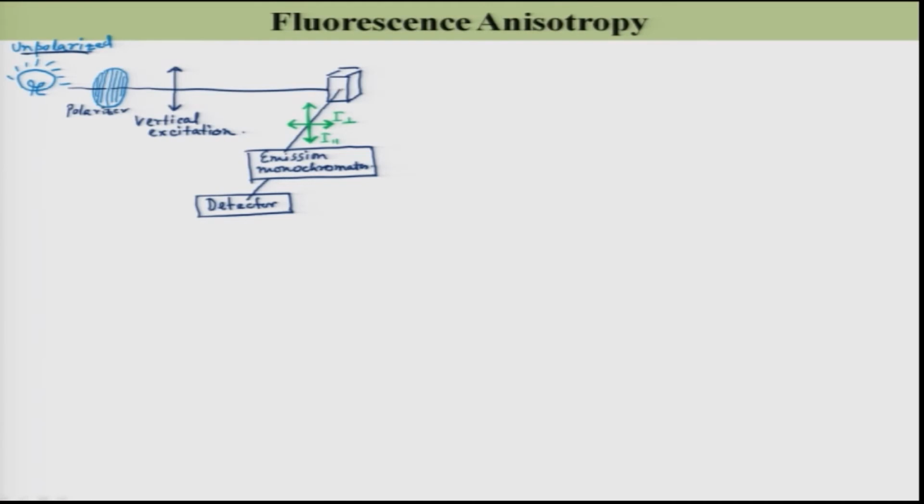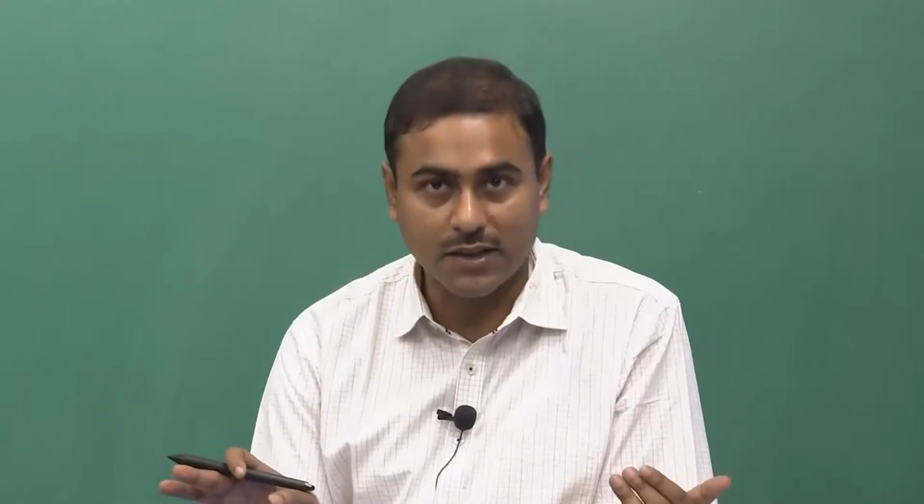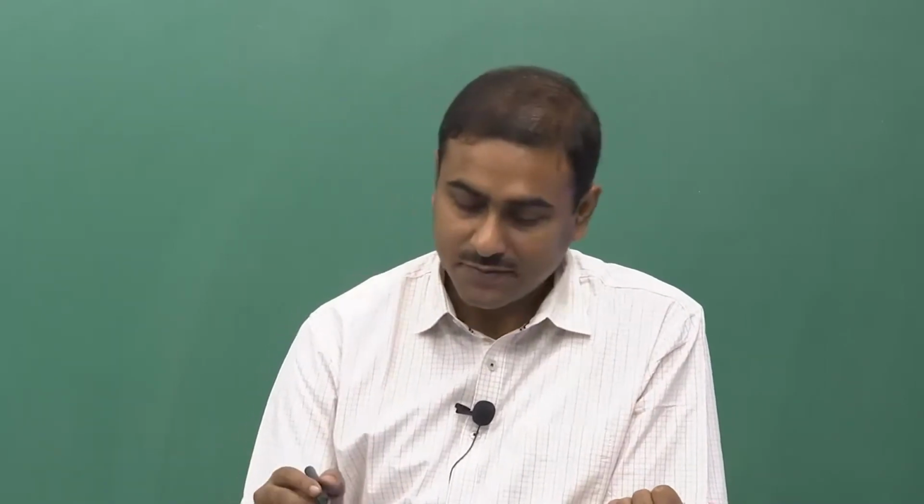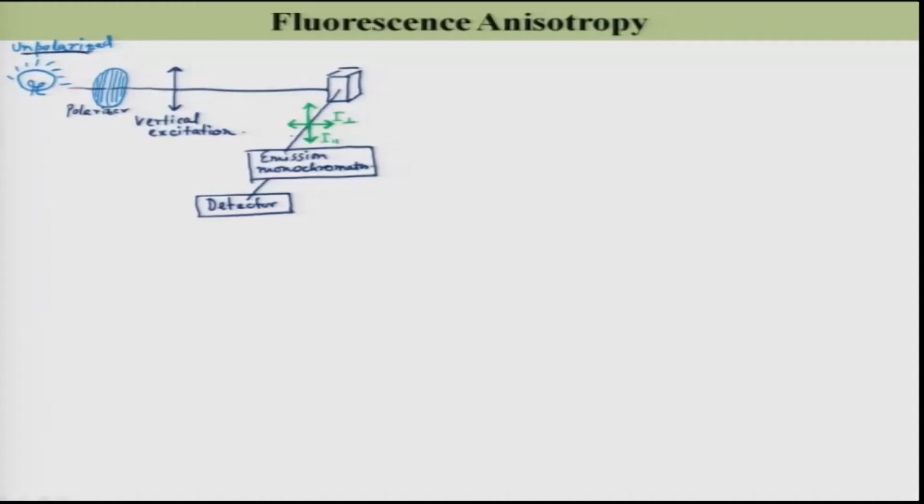Now, this fluorescence is not polarized anymore because of the reorientation under the constant excitation. So, both vertical and horizontal components and everything in between are there, but we are interested only in the vertical and horizontal, which are referred to as I parallel and I perpendicular. To select whether I will take the I parallel or I perpendicular, I also need to use one more polarizer, so let me draw this over here.